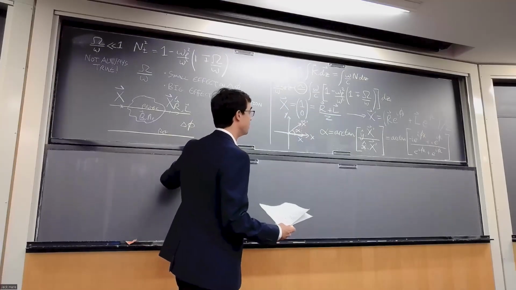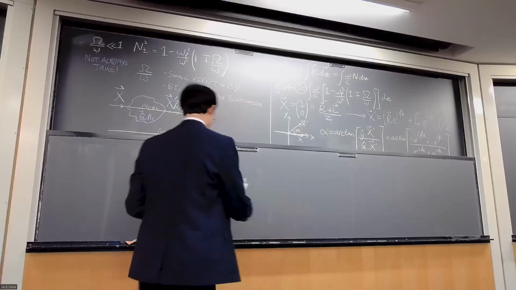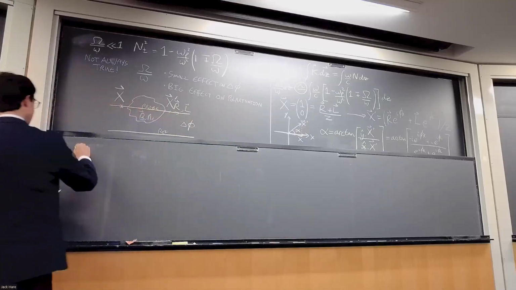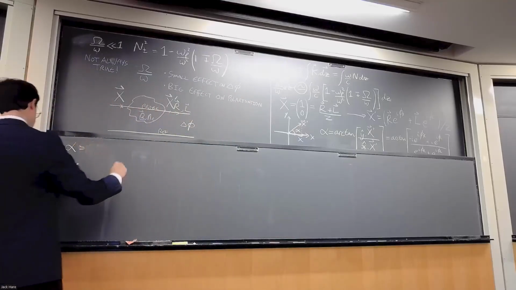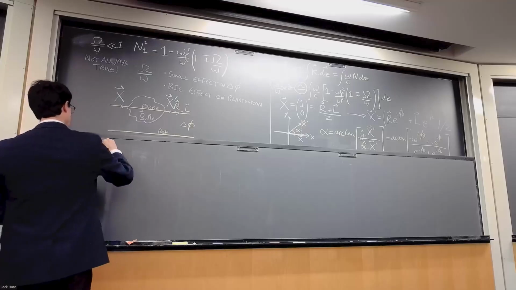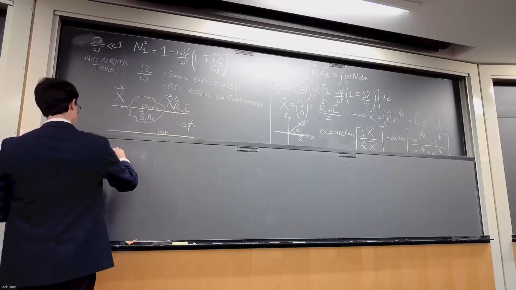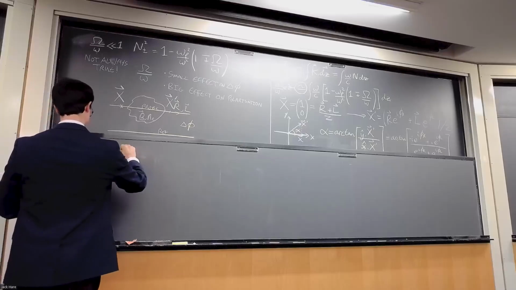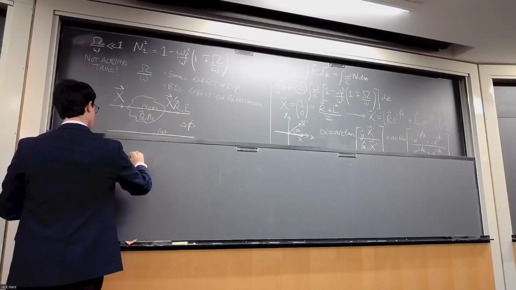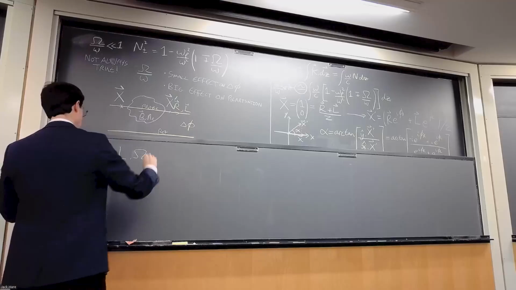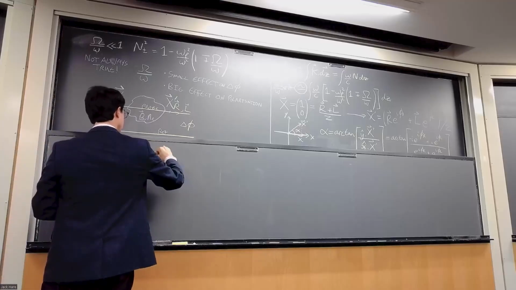You can crank through the algebra a little bit, and I'm not going to do it. But the result is that alpha is equal to the integral of omega p squared over omega squared times 1 over 2c times capital omega squared dz here.